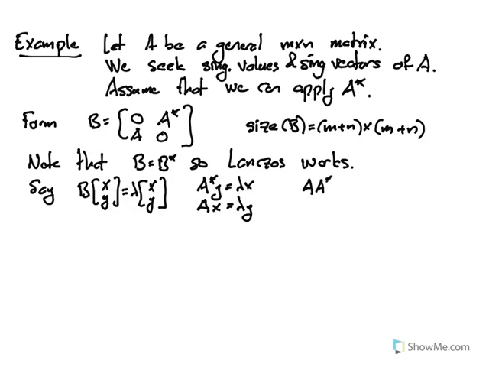So A star y is equal to lambda times Ax, and then if we use the bottom equation, we see that that is equal to lambda squared y. All right, so y is an eigenvector of A star A with eigenvalue lambda squared, and conversely, if we do A star A applied to x, then that is lambda A star y, that's lambda squared x.